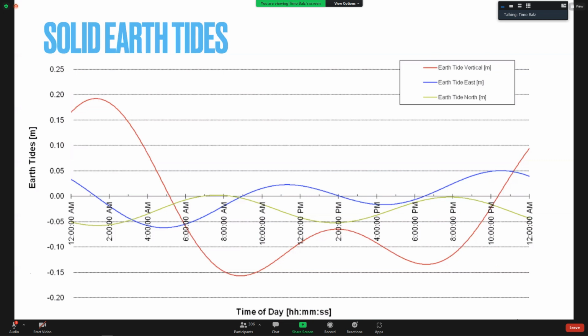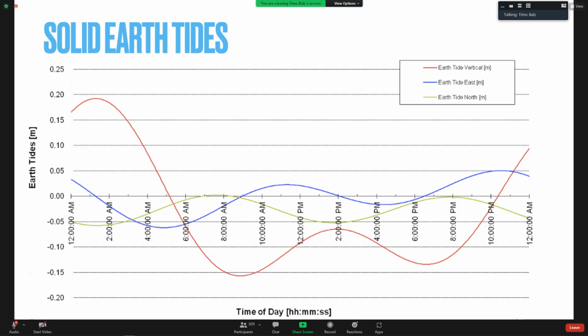So this is one thing. The other thing is, for example, solid earth tides. You know tides from the ocean, but the earth is also lifting and shifting following the moon and other stellar objects, mostly the moon, right? And that is about 30 centimeters a day, up and down in general.